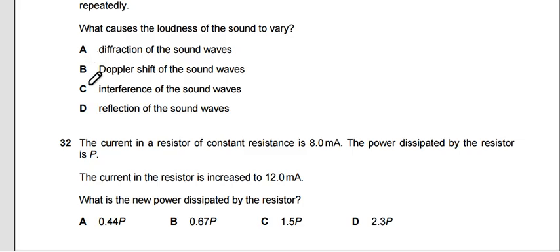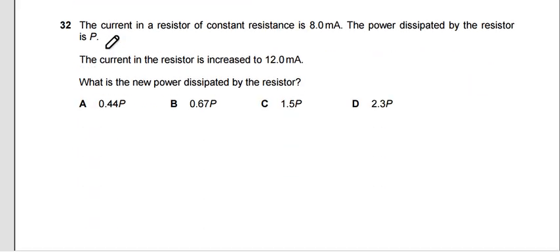The current in a resistor of constant resistance is 8 milliampere. The power dissipated by the resistor is P. The current in the resistor is increased to 12 milliampere. What is the new power dissipated by the resistor?